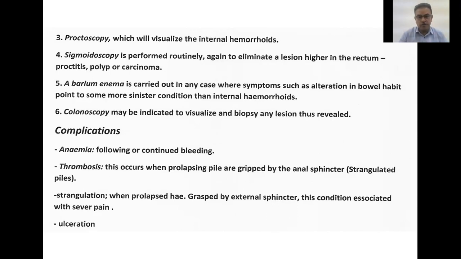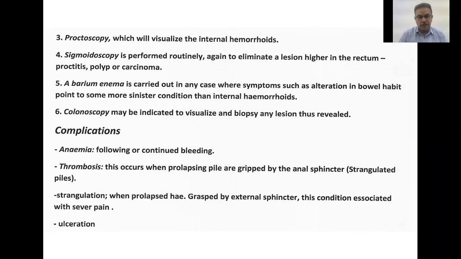Sigmoidoscopy is performed routinely, again, to eliminate lesions higher in the rectum, like proctitis, polyps, inflammatory bowel disease, or carcinoma. Barium enema is carried out in any case where there are symptoms such as alteration in bowel habits.